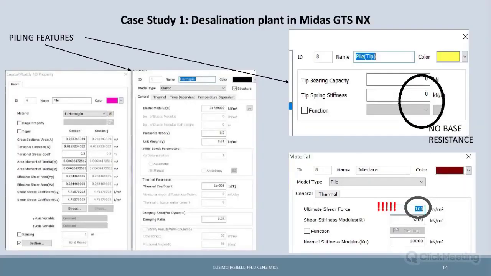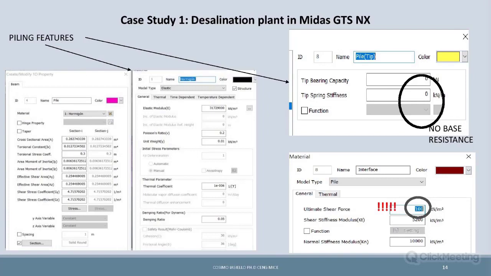Then we have how we can simulate the piling. We are in a very bad soil, as I told at the beginning, so we have to define the piling as concrete, and the characteristic is elastic. These are very important: the base resistance.